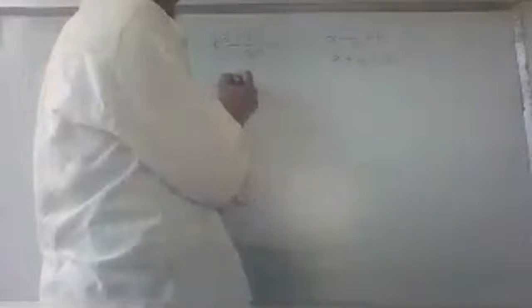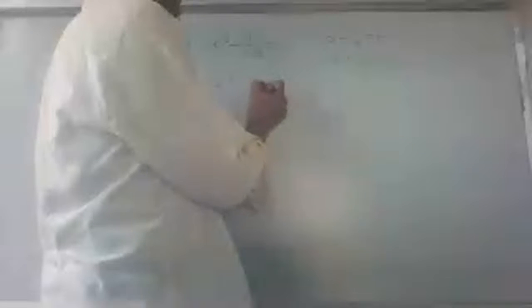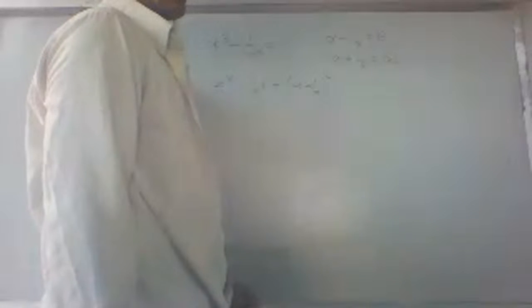Then x plus 1 upon x is equal to under root 29. What will happen? x cube minus 1 upon x cube is x minus 1 upon x whole cube. Open it.